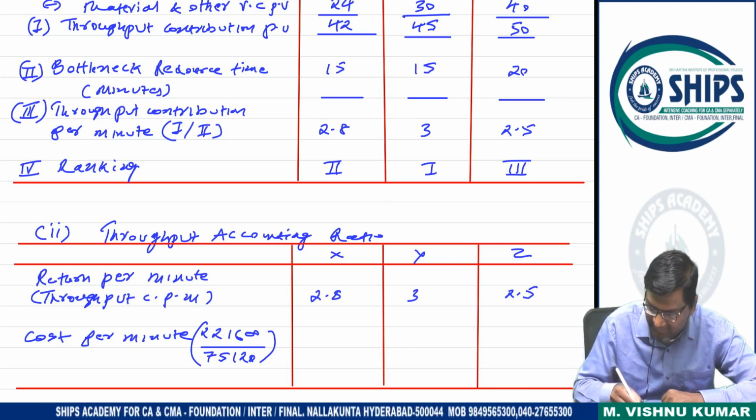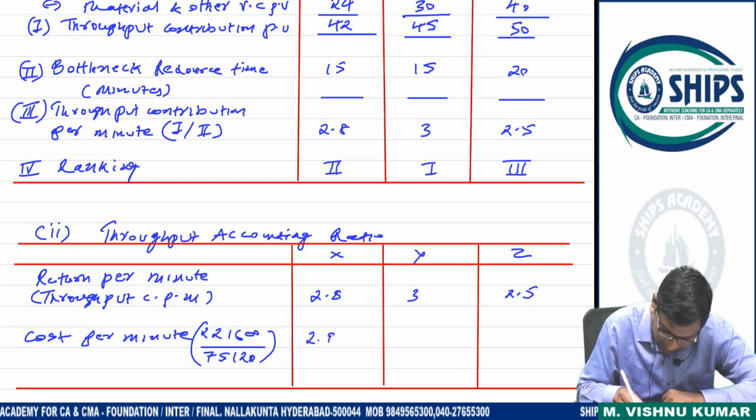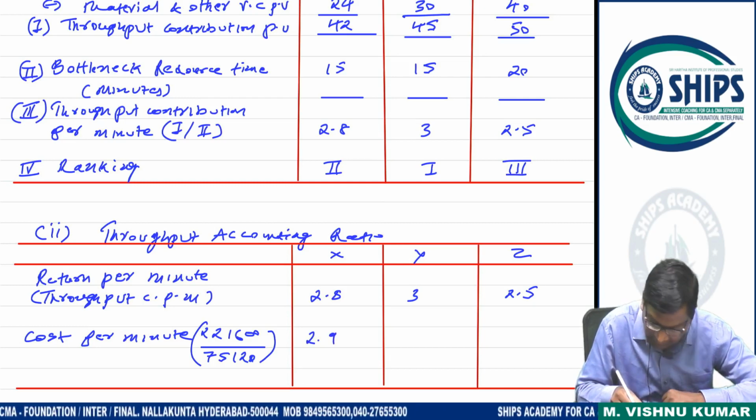So 2.949, which means approximately 2.95.